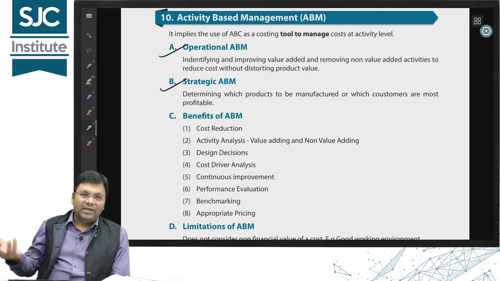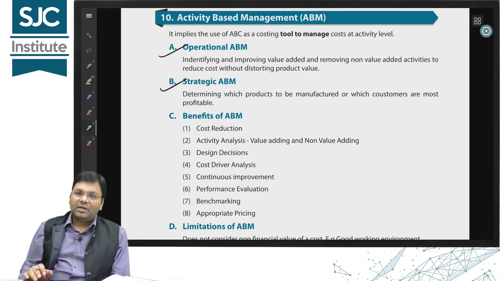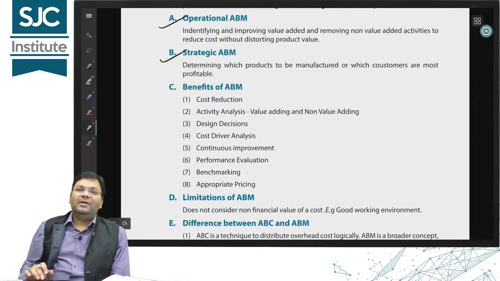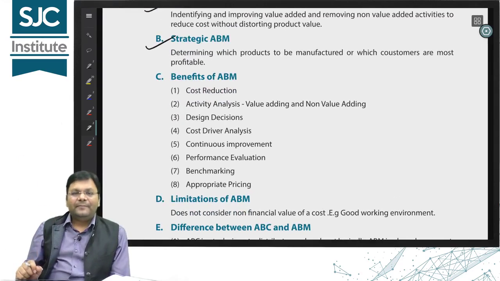Operational is routine work. So in ABM, the routine work is to read the activities and understand whether you need it or not. And apart from that, there are multiple benefits, or you can say features, of ABM. Other than this, it helps in pricing, better pricing of your products. It helps in product profitability analysis. It helps in customer profitability analysis.